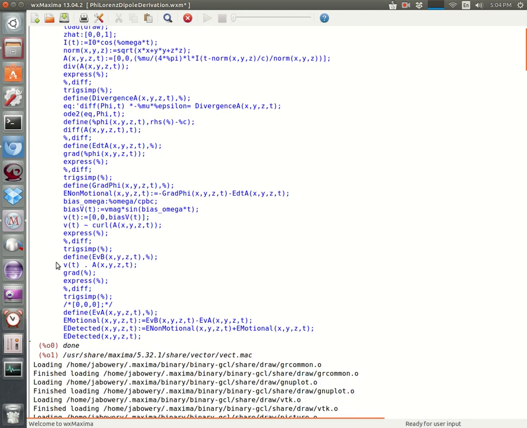Likewise, we can take the dot product of the velocity and the vector potential, and then take the gradient of that to give us the vector potential gradient term that is used for communication using modulation of the vector potential.